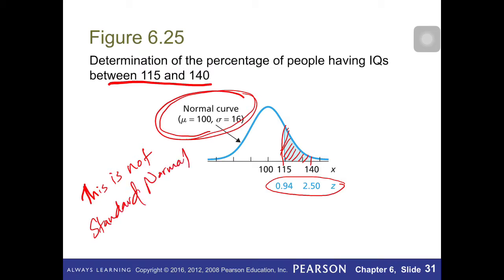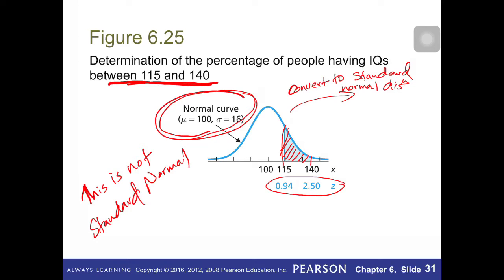So what you have to do is convert this normal distribution to a standard normal distribution, then find the area with respect to these two values. That's the percentage. Although you convert your distribution to a standard normal distribution, it doesn't change anything.